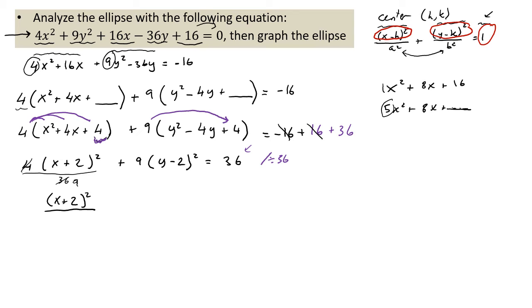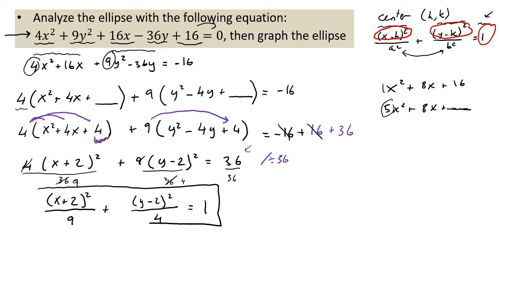So this is going to end up being (x plus 2) squared divided by 9 plus. Same thing here, if I divide this by 36, the 9 and the 36 will be simplified, and I'll end up with a 4 here on the bottom. So it's (y minus 2) squared divided by 4 and dividing by 36, so I end up with a 1.